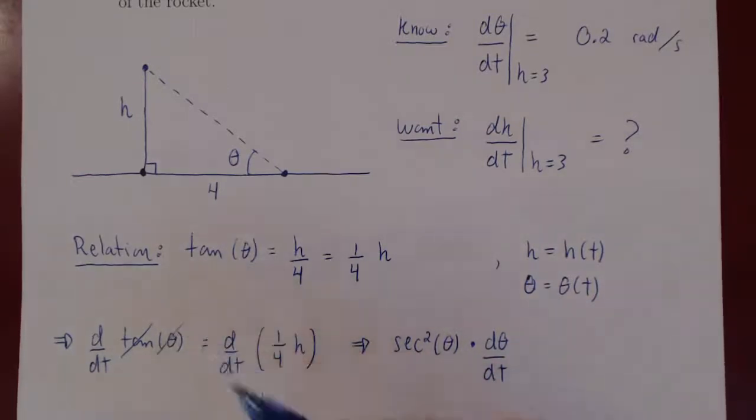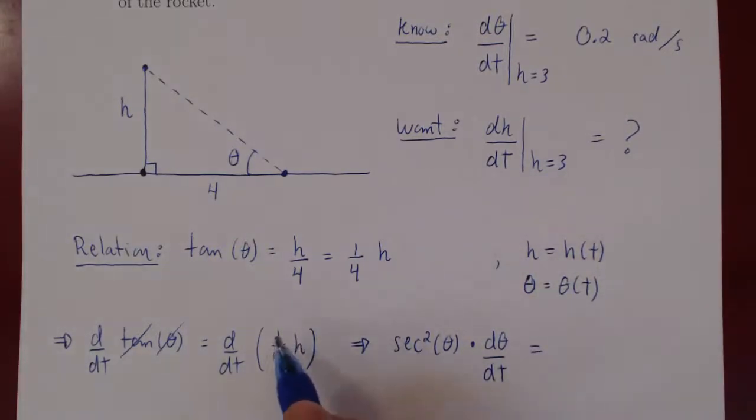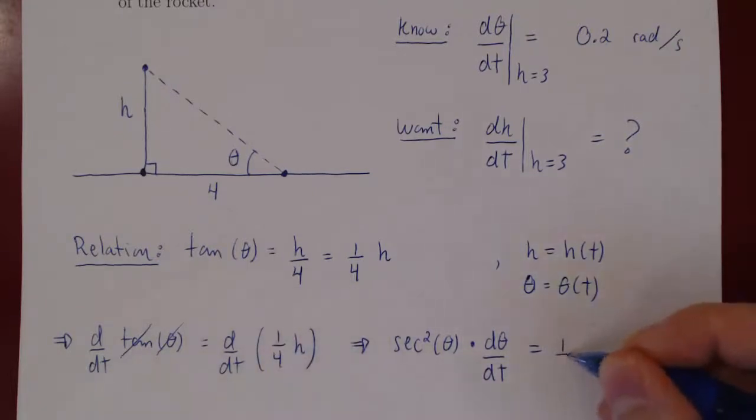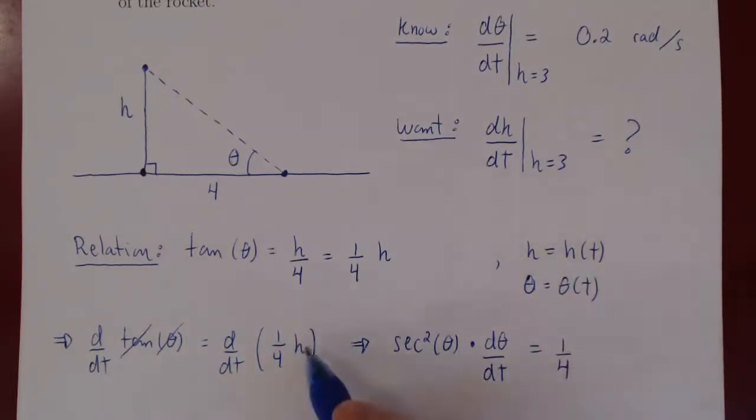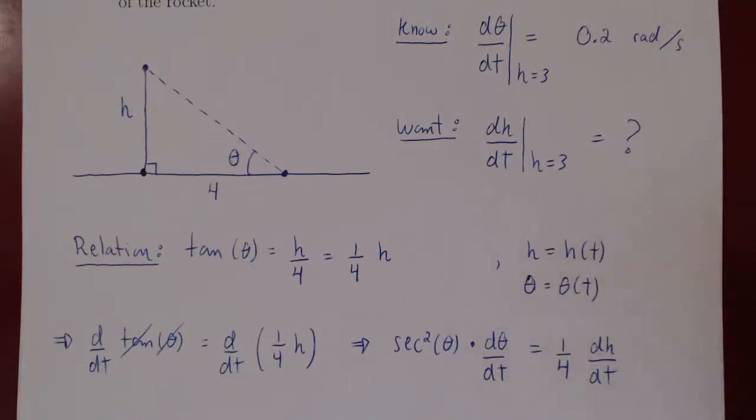And now there's nothing left over, so we have the derivative of the left-hand side with respect to t equals, well, the right-hand side is 1/4 times h, but 1/4 is a constant multiple, so it just stays there, times the derivative of h with respect to t, that is dh over dt.